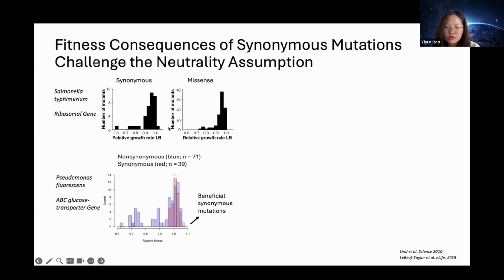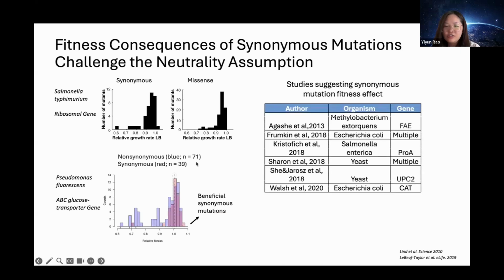Researchers also found that some synonymous mutations in a glucose transporter gene can be highly beneficial. There's a growing body of evidence across different genes in bacteria and yeast suggesting that synonymous mutations can have fitness effects.